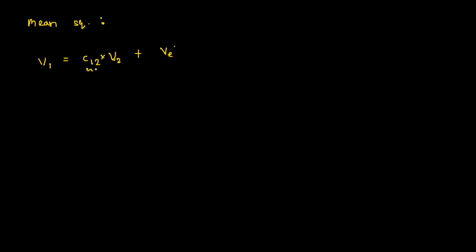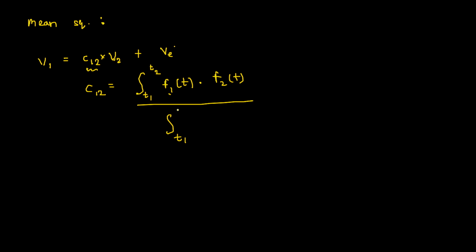What is important here is the actual formula of C12, which is given by the integration from T1 to T2 of f1 of t into f2 of t, divided by the integration from t1 to t2 of f2 square of t, and this is also dt. Here f1 is the function that you're expressing, and f2 is the function in terms of which you're trying to express f1.